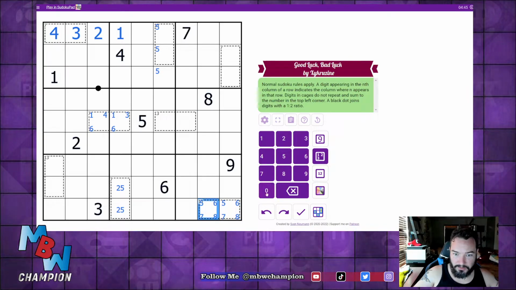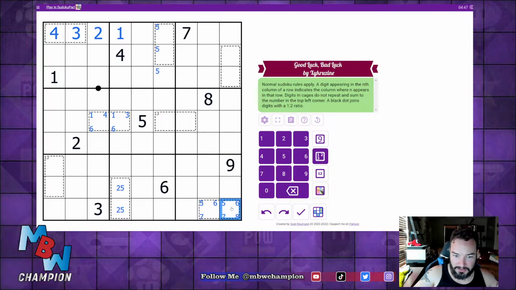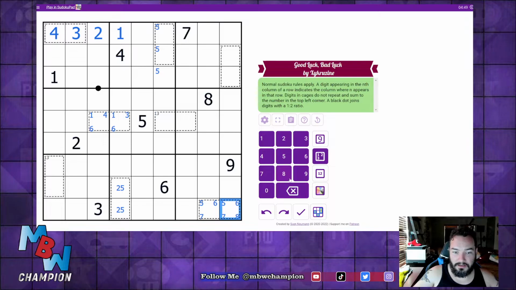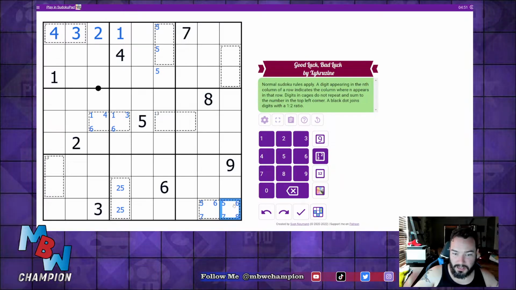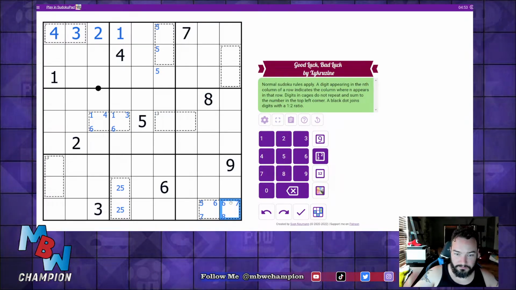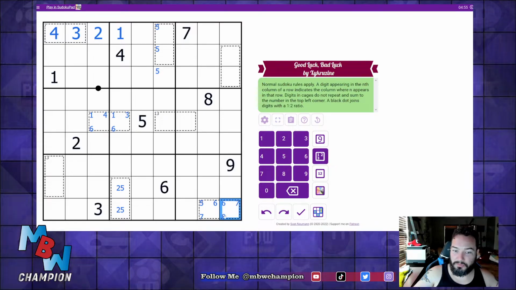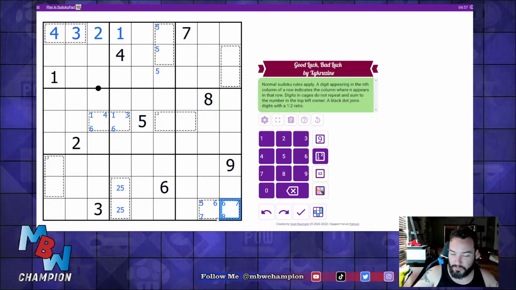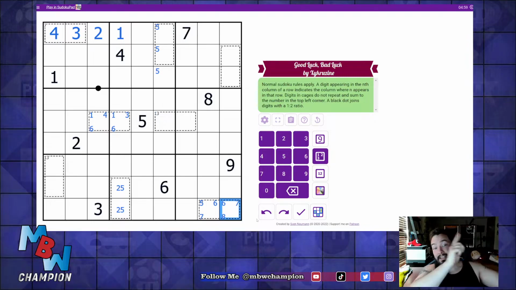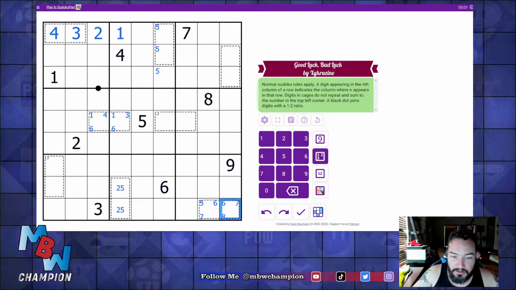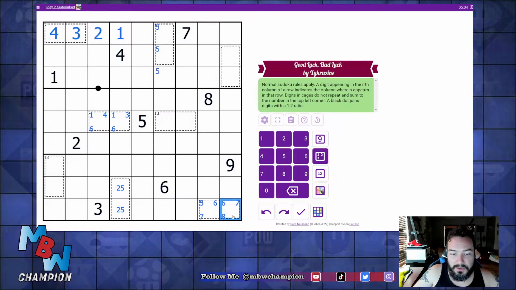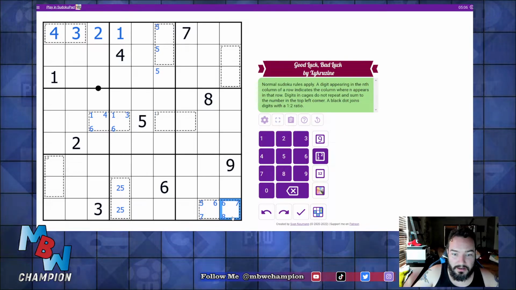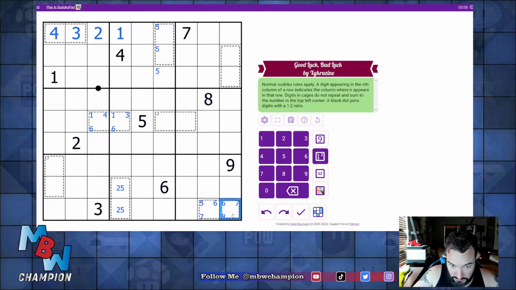We know from there that this cannot be an 8. And because that can't be an 8, this can't be a 5. So these are the possible movements right here. Now, taking that same logic that we did up there, if this was an 8, that would make this a 5.